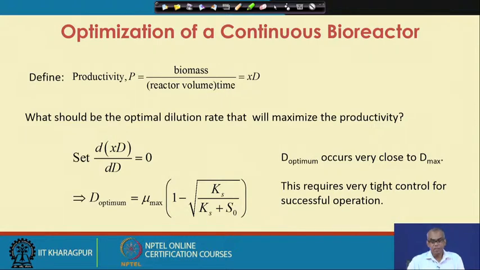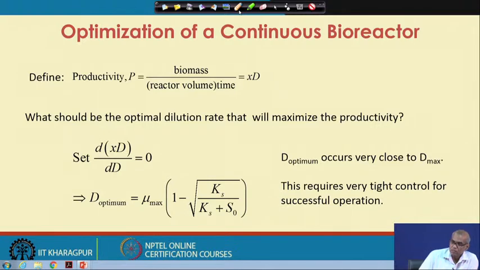Let us define the productivity P as biomass divided by reactor volume into time. That means, biomass by reactor volume is nothing but cell mass concentration and dilution rate has unit per time. So, x D gives me a quantity which is amount of biomass per unit reactor volume per unit time. So, this is a measure of productivity.